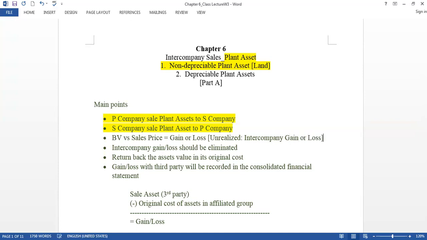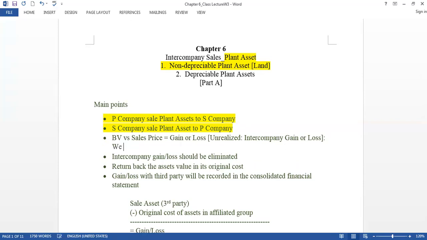It is called unrealized gain or loss because it is related with intercompany. Clear? And we also know that if we have any intercompany gain or loss, we need to eliminate it.